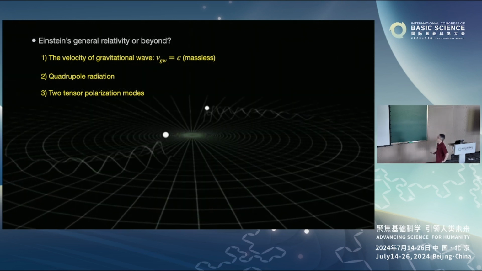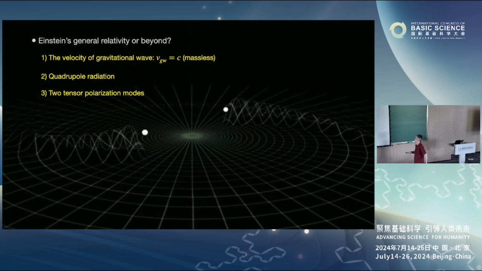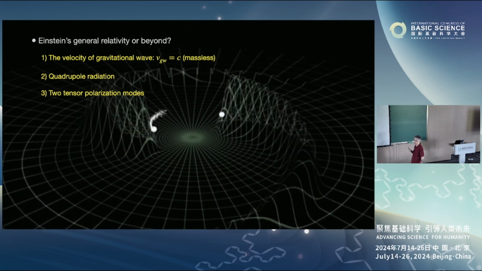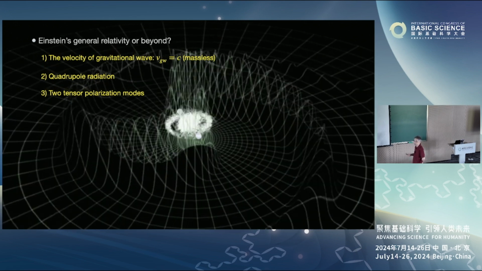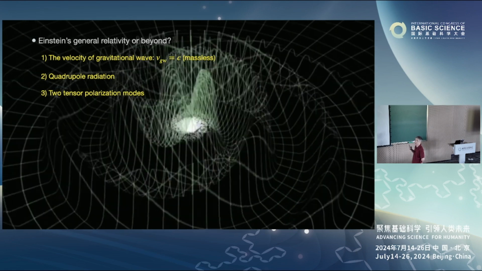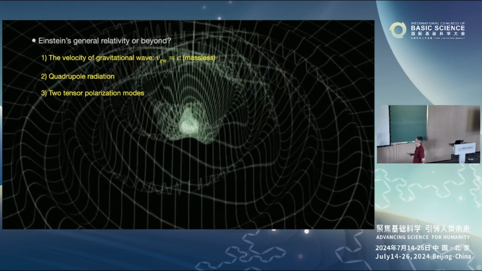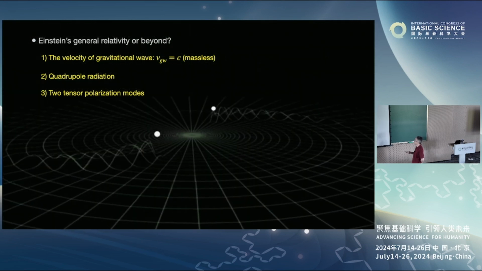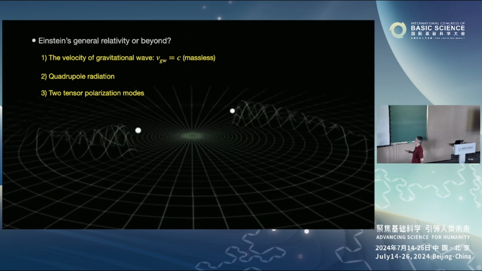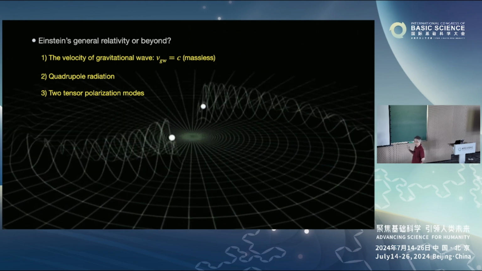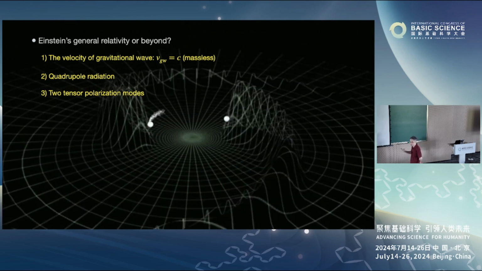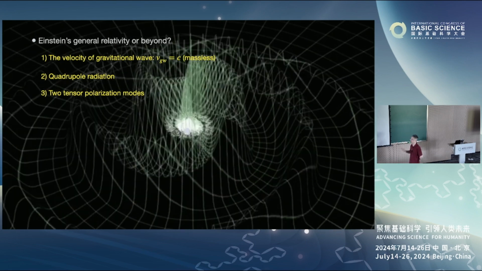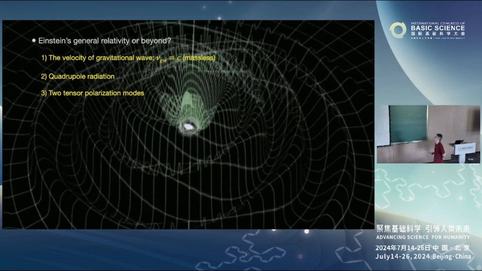Another point is that the gravitational wave in general relativity is a quadrupolar radiation. And because of diffeomorphism invariance, general relativity predicts there are only two tensor polarization modes. If we observe more polarization modes, we can also definitely say that we need to modify general relativity.